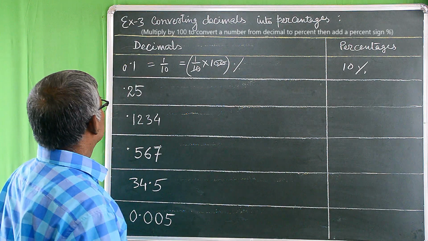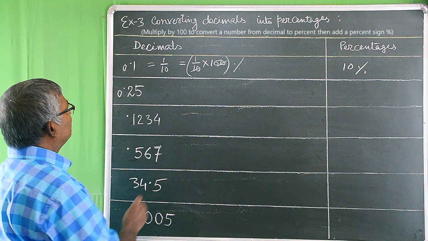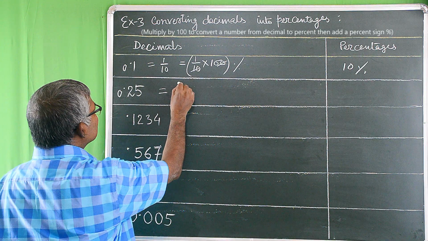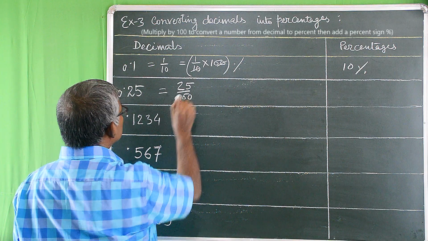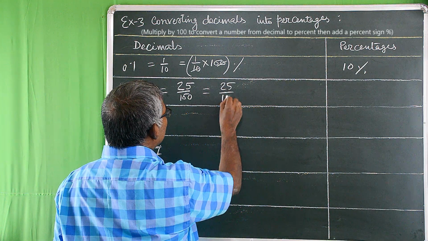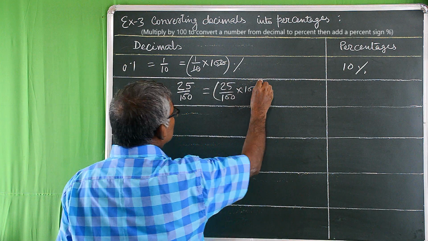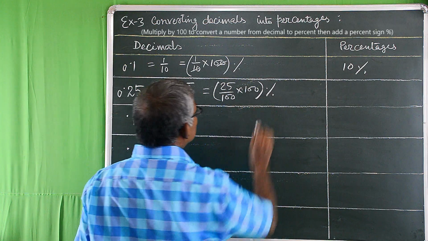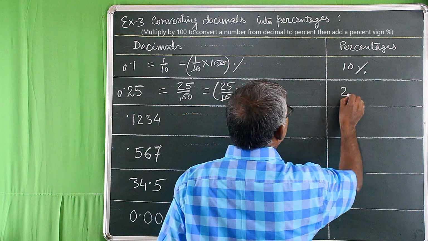Students, let us consider 0.25. So it can be written as 25 by 100. This can be written as 25 by 100 into 100%. So it is 25%.